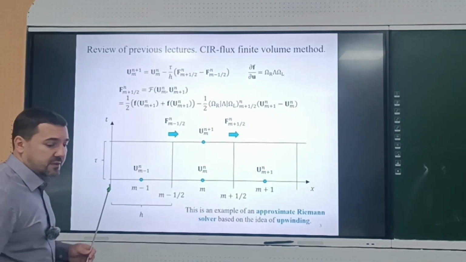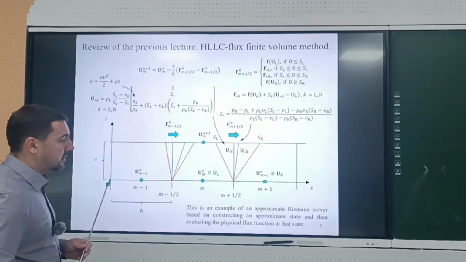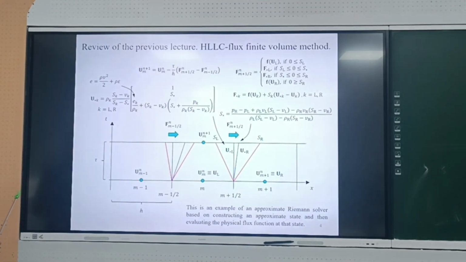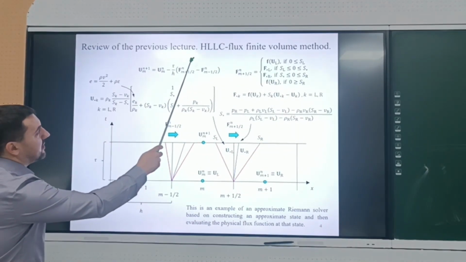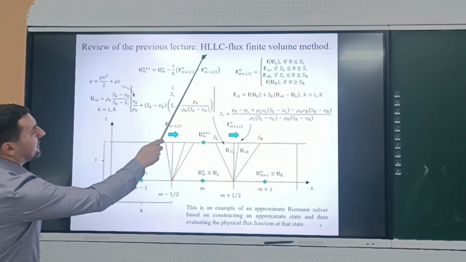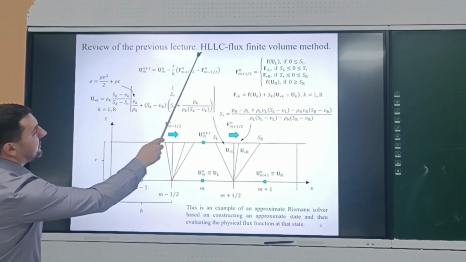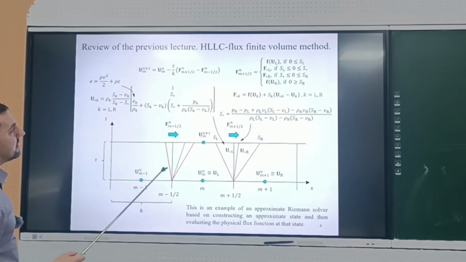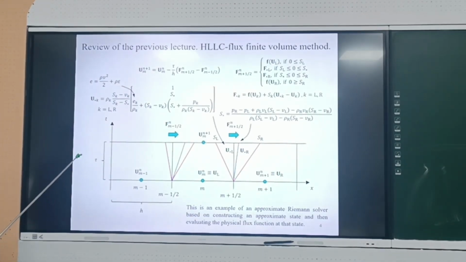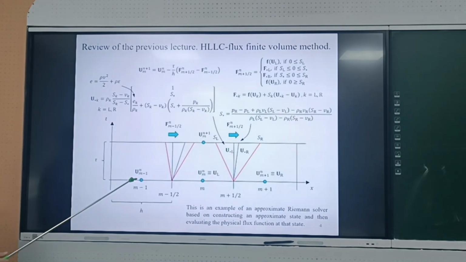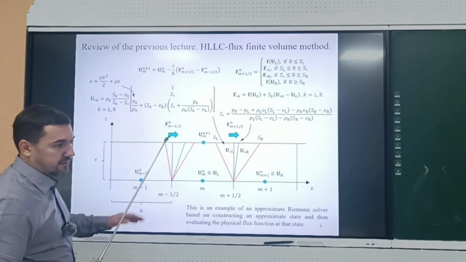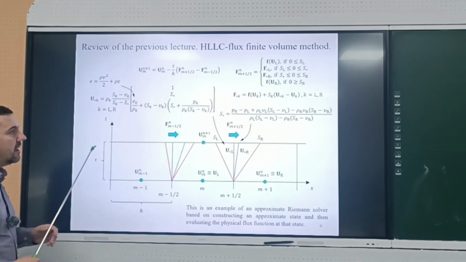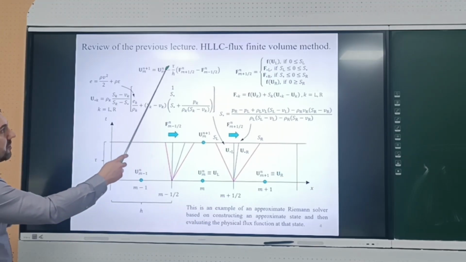And the last lecture was about another approximate Riemann solver. We discussed two numerical fluxes, HLL and HLLC, Harten-Lax-van Leer and Harten-Lax-van Leer Contact. This HLLC flux, in review, works pretty well. It really works, and I can recommend it.